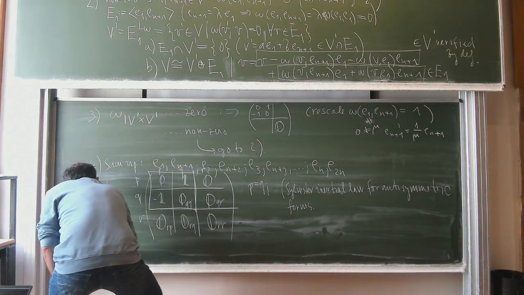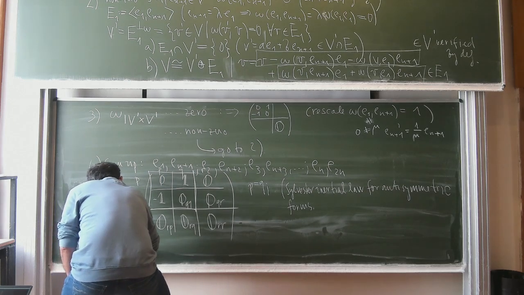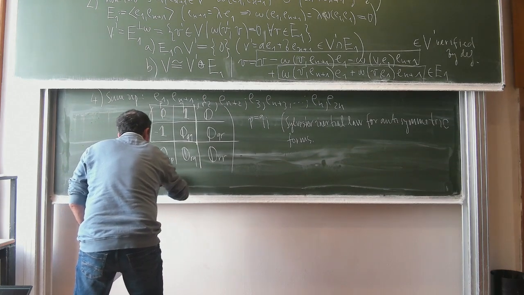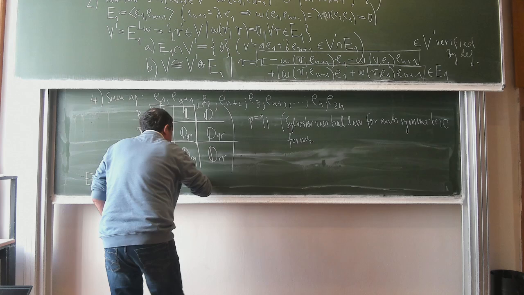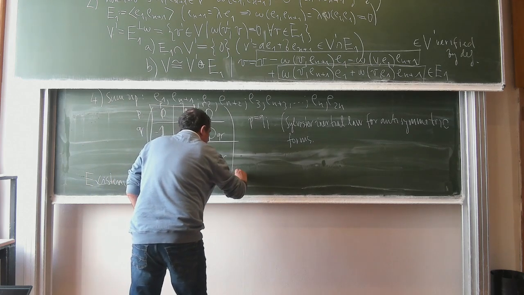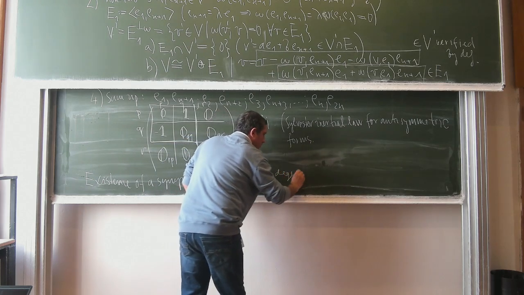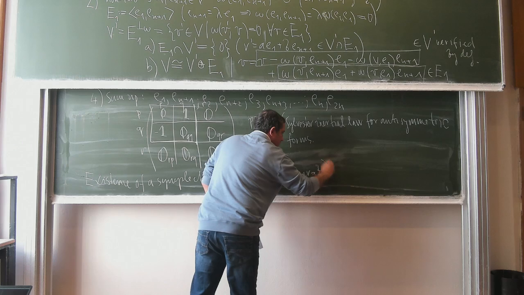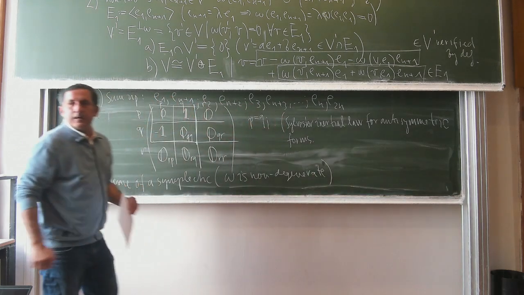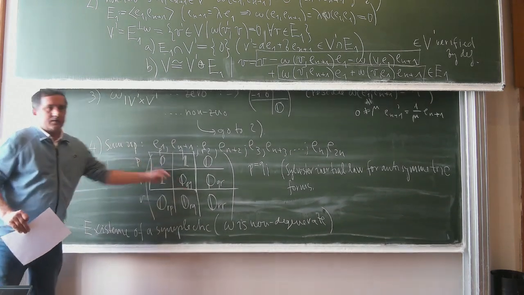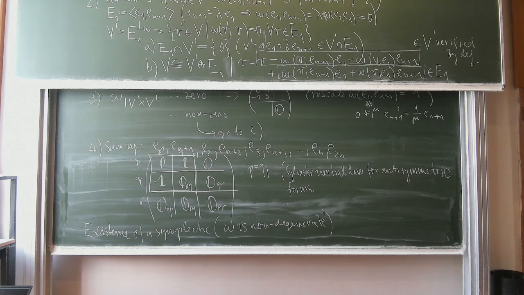We suppose now, for the existence of the symplectic basis, that omega is non-degenerate. In any case, we know that omega can be written as such by such a matrix.